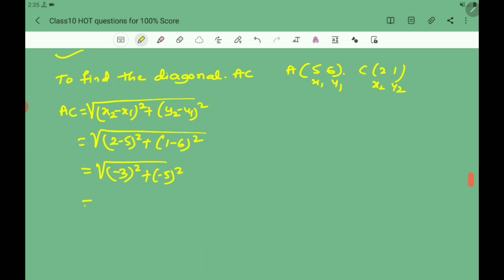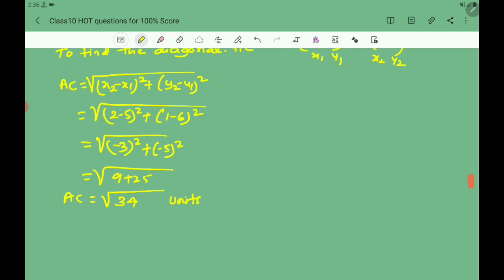So you get 9 plus 25, that is 34. So AC equals square root of 34 units.